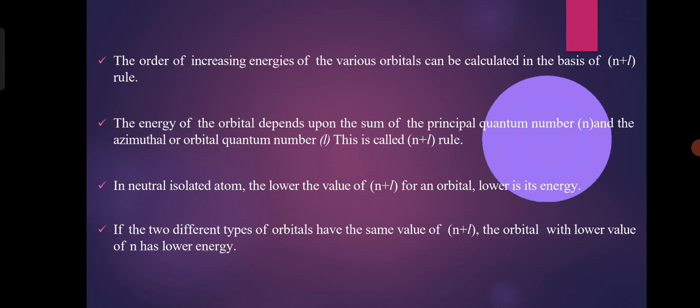So 3p has the lower value of n. So the electron first enters 3p and then enters the 4s orbital, because the 4s orbital has a higher value of n. So this is the n plus l rule. Electrons get filled according to the Aufbau principle and the n plus l rule.